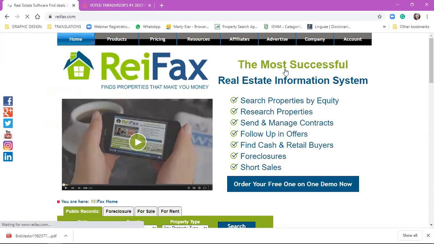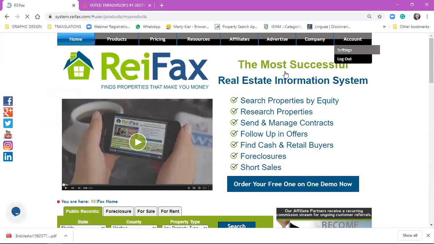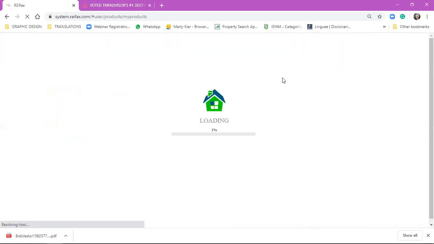Okay, so I think I've been pretty clear about the principal part of BNBvestor. Now in ReiFax, when you log in, it takes you to the control panel, and then you have a bunch of buttons that say professional, buyer's pro, deals generator, and the other sub products.